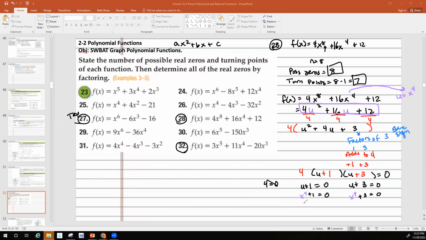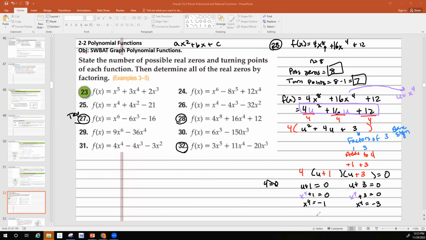So subtract 1, we get x to the fourth equals negative 1, and here we have x to the fourth equals negative 3.